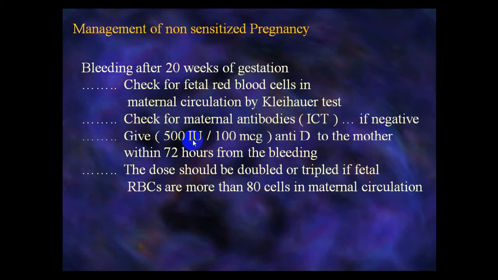Because the increased size of the fetus increases the amount of amniotic fluid, RBC may increase in number, and destruction will occur more at 28 weeks, 32 weeks, according to gestational age. The dose should be doubled or tripled if the fetal RBC are more than 80 cells in the maternal circulation. These cells are detected from the Kleihauer test.